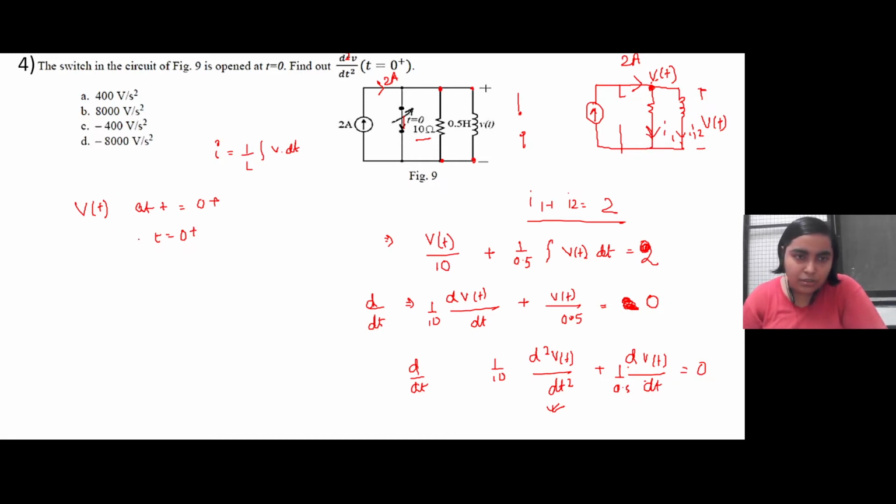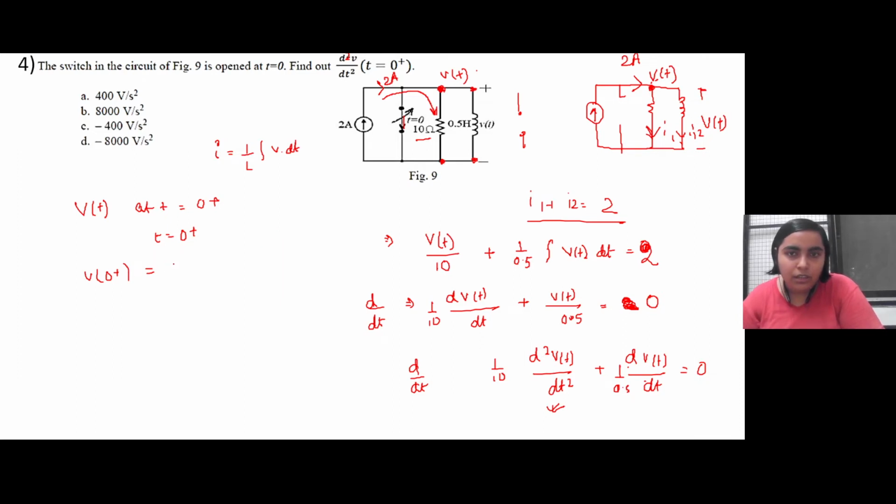So this V of 0, that is at time t equal to 0, V of 0 plus will be this voltage. So node voltage is V of t, right? So at time t equal to 0, whatever the voltage that is supposed to be here should also appear here. As the inductor opposes any change of current, this entire current will start flowing through this resistance.